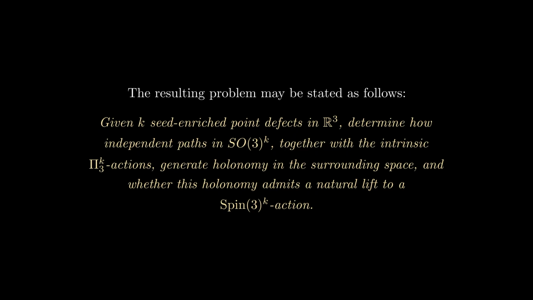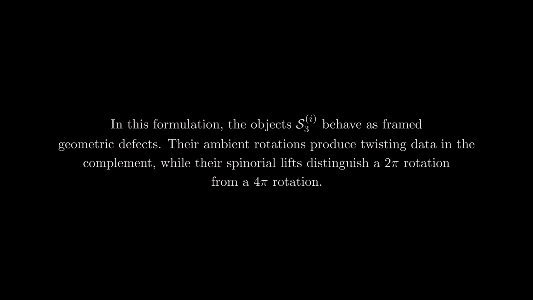So the problem that is interesting to me is, given k seed-enriched point defects in R3, determine how independent paths in SO3K together with the intrinsic pi 3 actions generate holonomy in the surrounding space, and whether this holonomy admits a natural lift. In this formulation, the objects S3 behave as frame geometric defects. The ambient rotations produce twisting data in the complement. The spinorial lifts distinguish a 2 pi rotation from a 4 pi rotation.